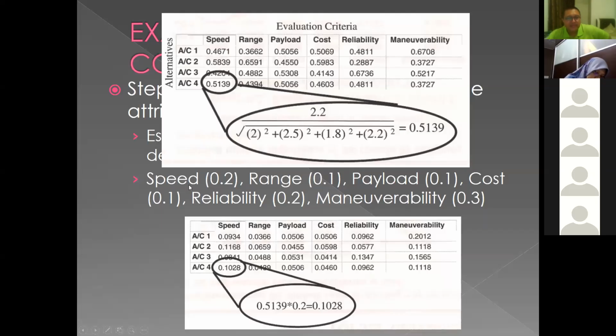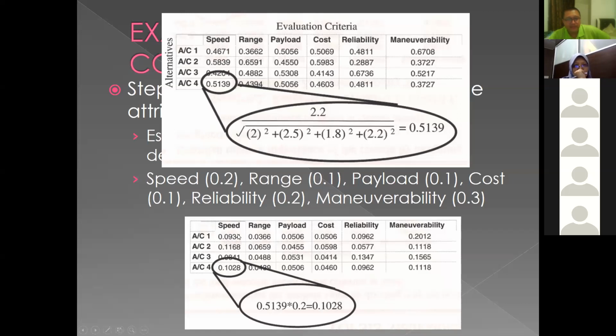Okay, for the speed, it is 0.2. Which means 0.4671, you need to multiply by 0.2. Then this is the value that you are going to get: 0.0934.